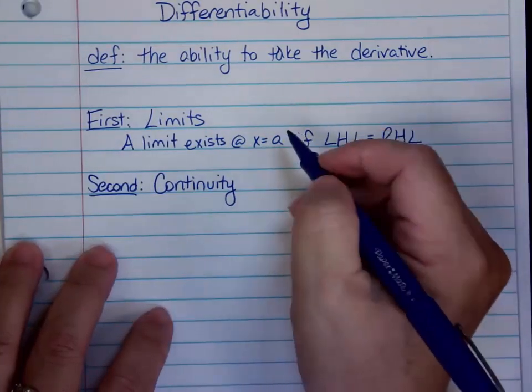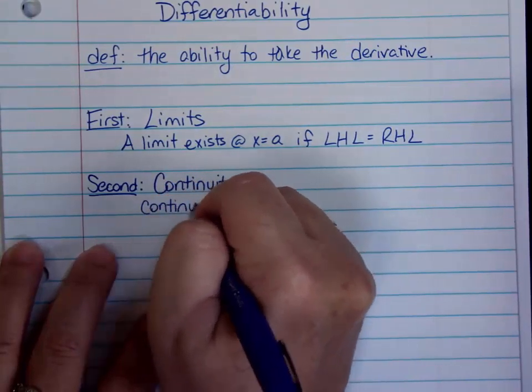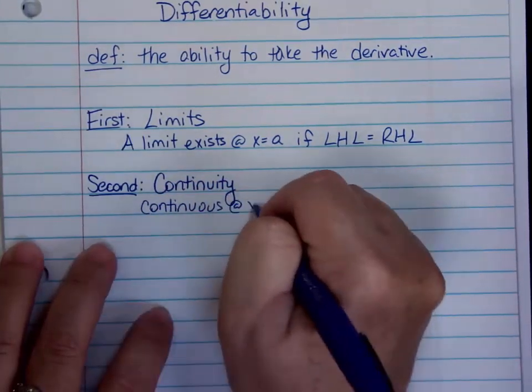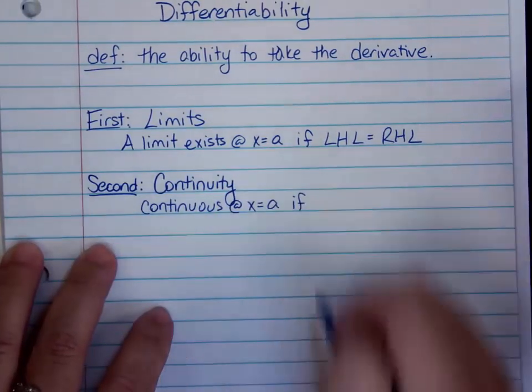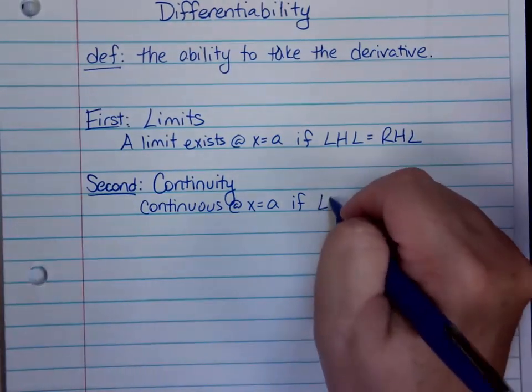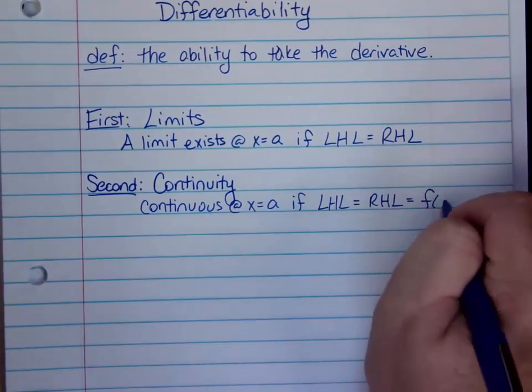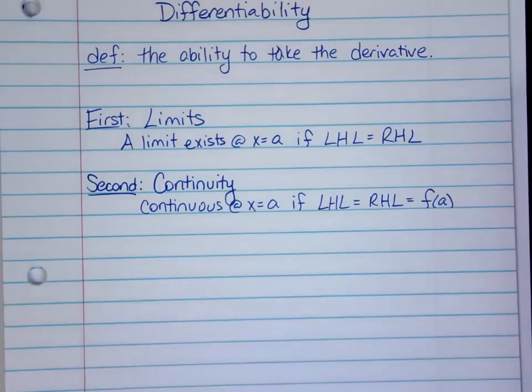A function is continuous at x equals a if LHL equals RHL equals, what's the third? F of a. LHL equals RHL equals f of a.